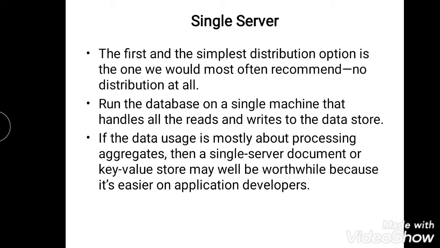But one thing is, we can't apply this for data analytics like big data and these kinds of huge applications. Even SQL databases, with the idea of running a cluster, can use NoSQL with the single server distribution model. And graph databases, which we discussed earlier, are in this category, and they work best in a single server configuration.